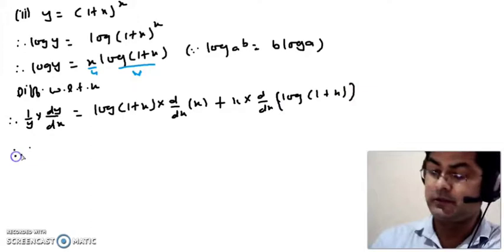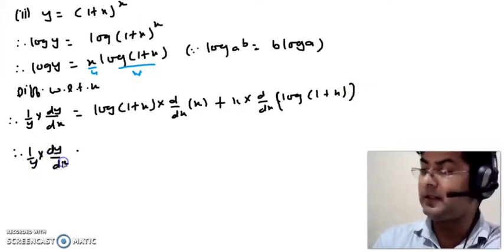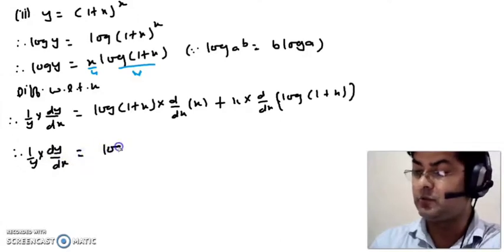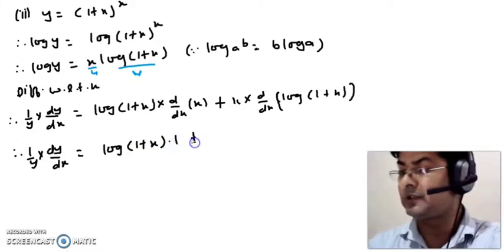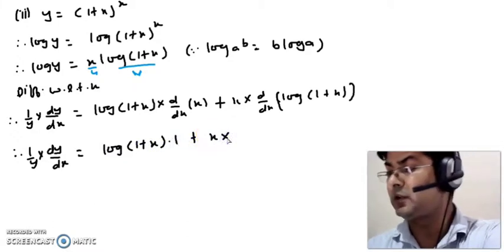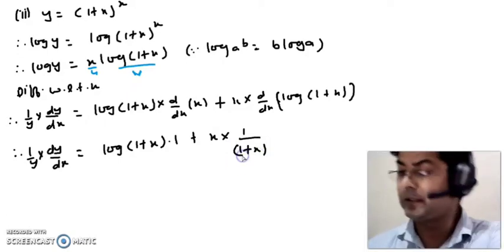Okay, therefore 1 upon y into dy by dx is equal to log (1 plus x) into differentiation of x, which is 1, plus x into differentiation of log (1 plus x), which is 1 upon (1 plus x).